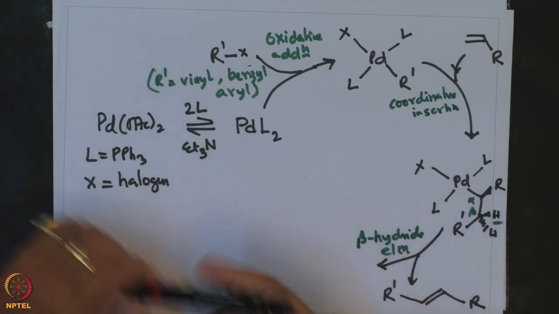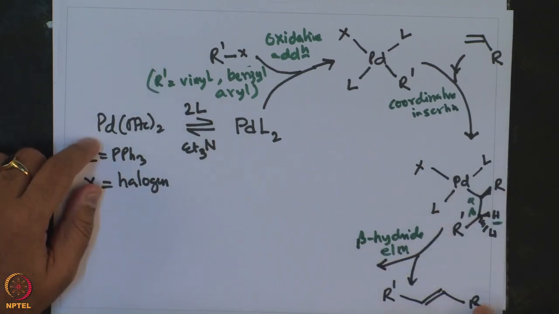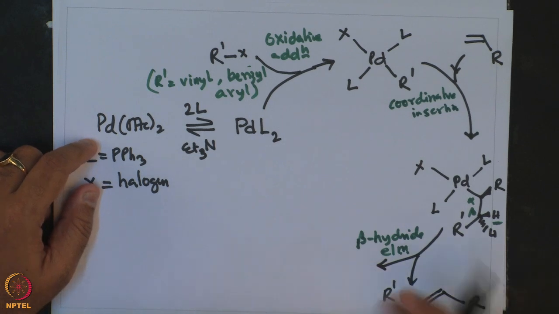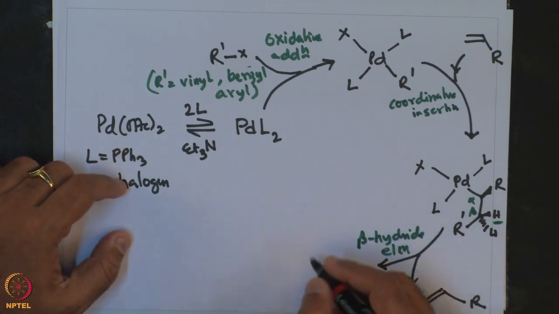So, once this beta hydride elimination happens, then the desired Heck product along with the formation of palladium hydride is observed.